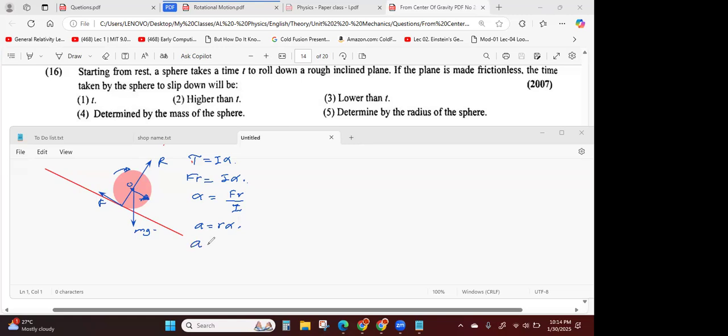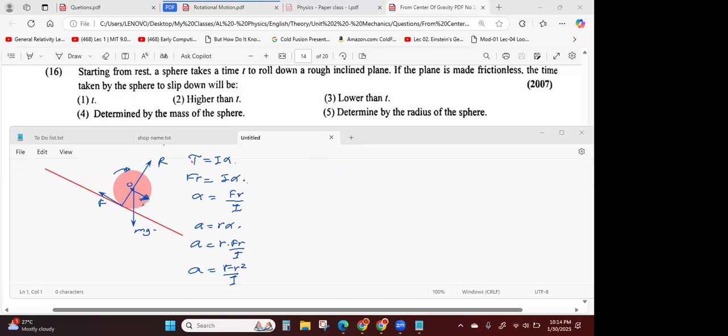So a equals R into F R over I, so a equals F R squared over I. So that is the acceleration.